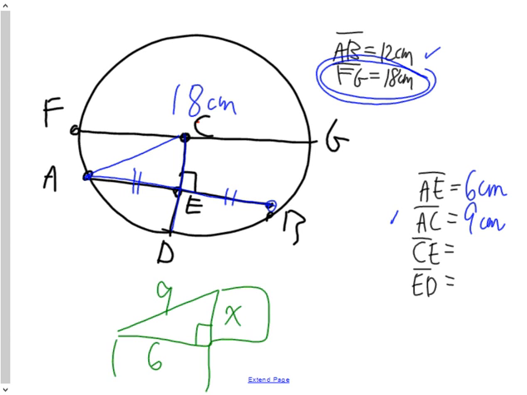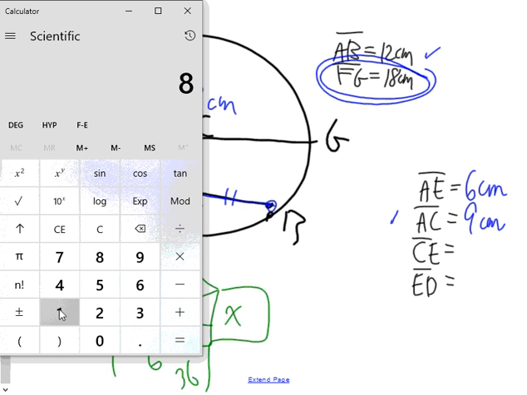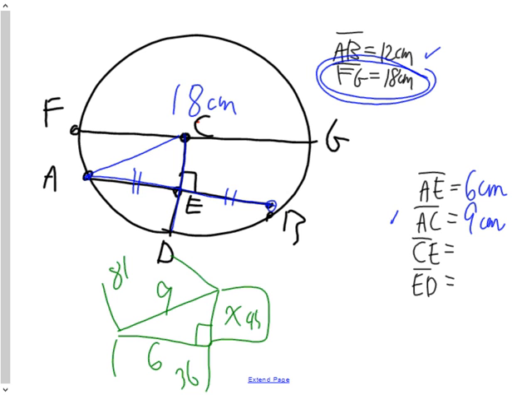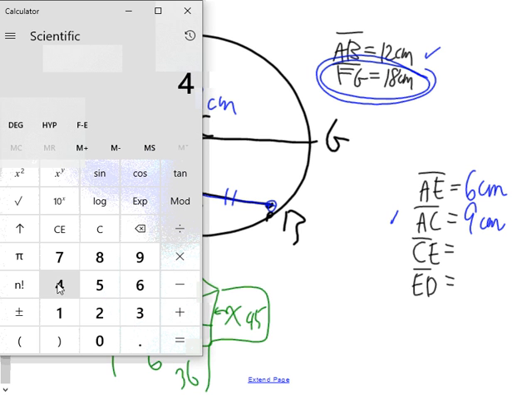So I'll do squares. 81 is here. 36 is here. Now it's not 117 for x, right? A common mistake would be to take the two squares you know and add them together. But 81 take away 36 is 45, which means the area of that square is 45, which means the length of x, or the length of CE, will be the square root of 45.